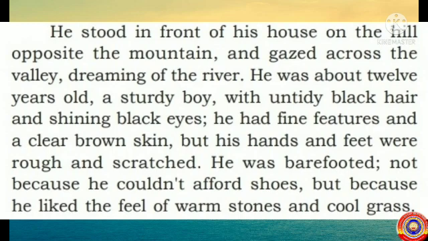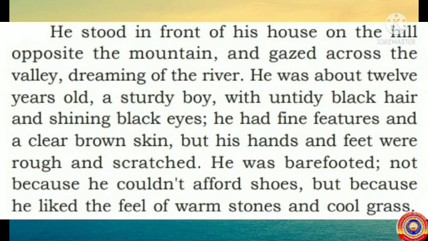He had fine features and a clear brown skin, but his hands and feet were rough and scratched. He was barefooted, not because he couldn't afford shoes, but because he liked the feel of warm stones and cool grass. Students, now all of you read this paragraph silently and you can identify the difficult words also.